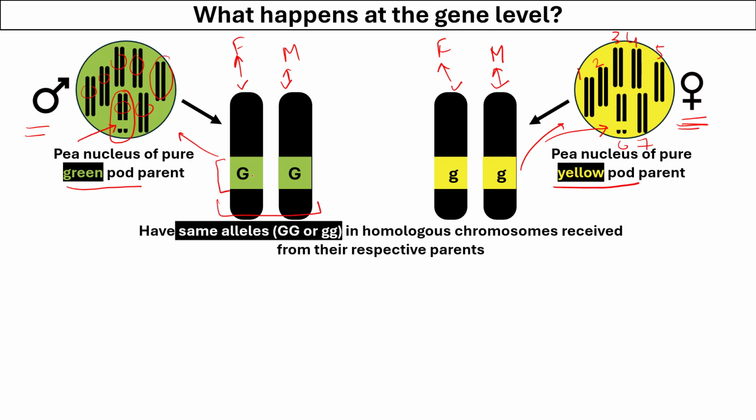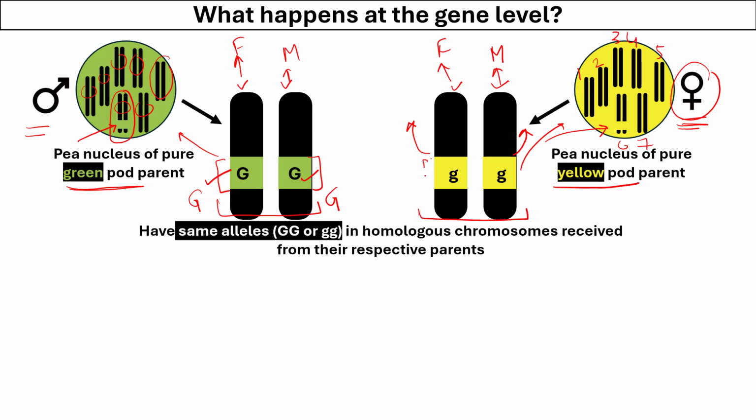At a specific location they have the same gene. Here we are talking about the gene related to the pod color. So these are 2 alleles, 1 allele, 2 allele. One allele is capital G, the other allele is also capital G. This is the pair of chromosomes in the mother plant, and one came from her mother and one came from her father, and this is a homologous pair of chromosomes.